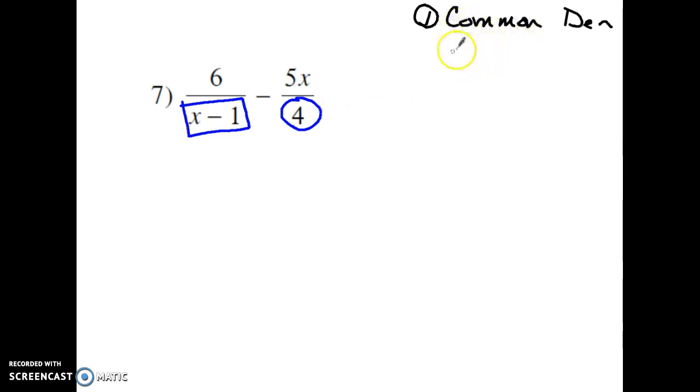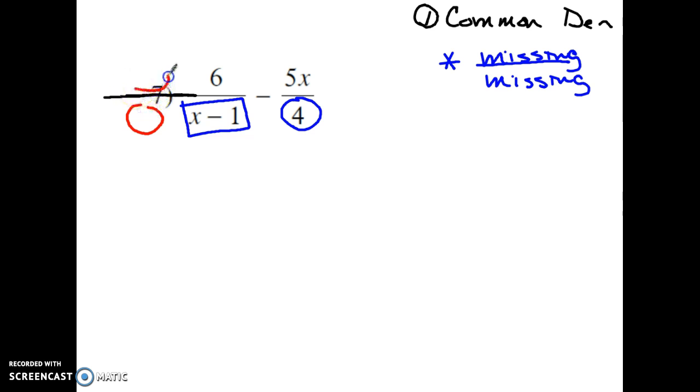And in order to get a common denominator, we're going to have to multiply the numerator and the denominator by whatever factor we have missing. So on the left side, I'm going to extend my first fraction bar. And I can see I'm missing a circle, so I'm going to multiply the numerator and the denominator by the 4 that's in the circle.